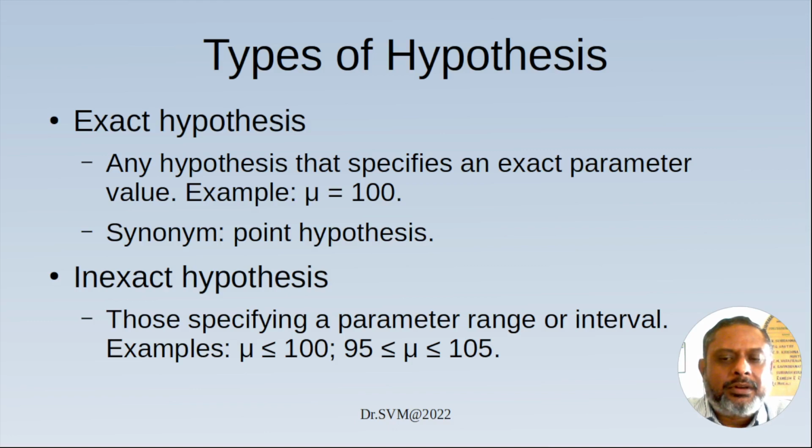Their parameter range or interval is specified, like null hypothesis may say that the mean is less than or equal to 100. Then alternative hypothesis will be mean will be greater than 100. Or the null hypothesis may be the mean is within the interval 95 to 105, and the alternative hypothesis may say that it is out of this range.